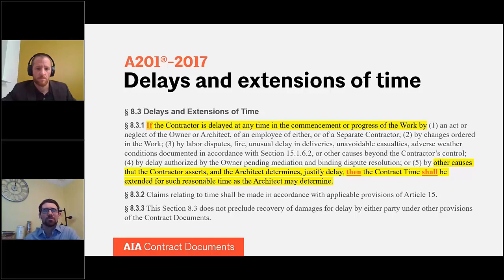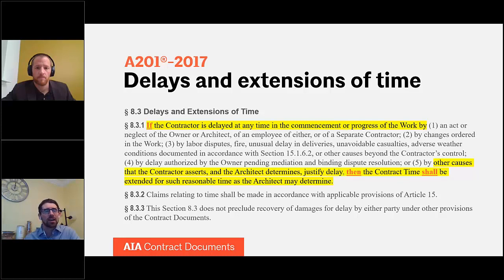So the architect is involved a little bit earlier in the process if the contractor is relying on subsection 5. One of the potential reasons for this is there is no requirement under the language of 8.3.1 that the cause that the contractor asserts triggered the delay is outside of the contractor's control. At least that's the way 8.3.1 is written.